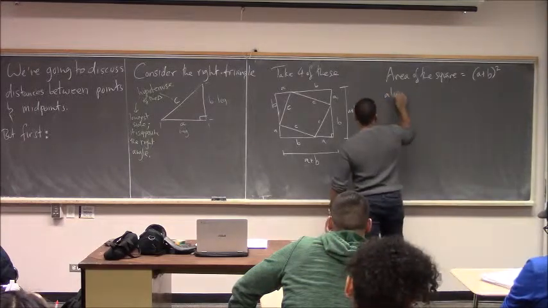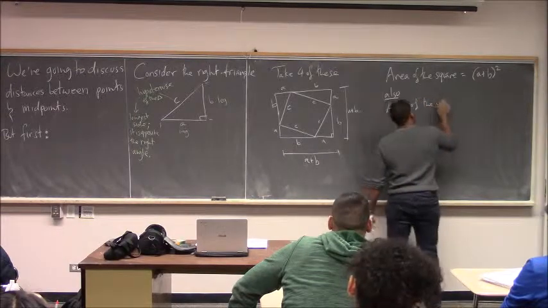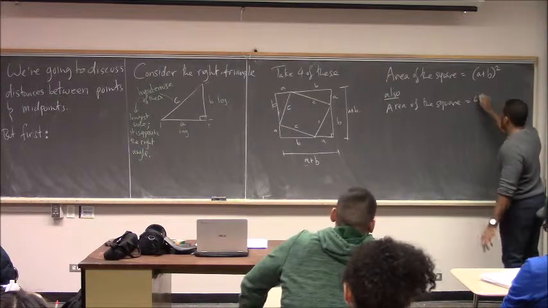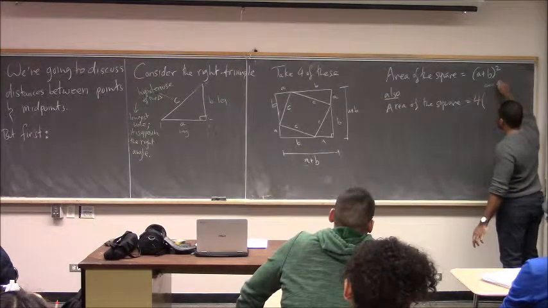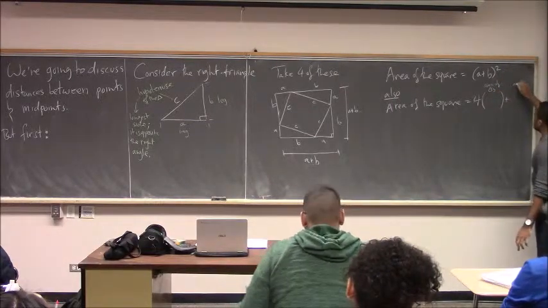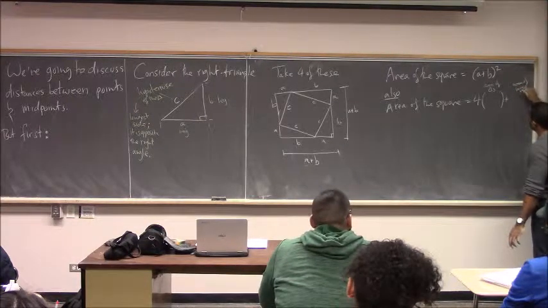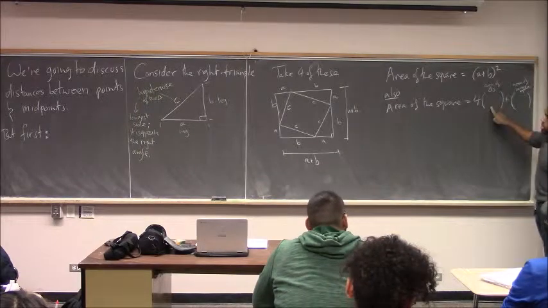Also, I can take 4 times the area of the triangles plus the area of the inner square. Right? Now what's the area of this triangle?